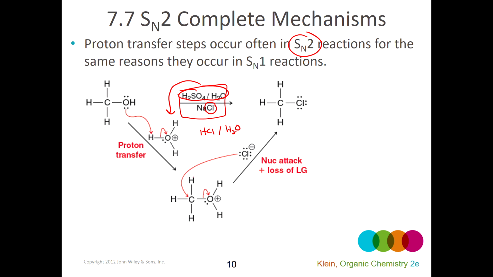So even though an SN2 is normally thought of as one step, sometimes a proton transfer is necessary to get the process started to make the leaving group a better leaving group so that the nucleophile can come in and push it out. If I try to imagine the nucleophile coming in here and pushing out the OH minus, well, that would produce a negative charge on this oxygen. That would be pretty unstable. It would just come back in and push the chlorine out, and I wouldn't get significant product.